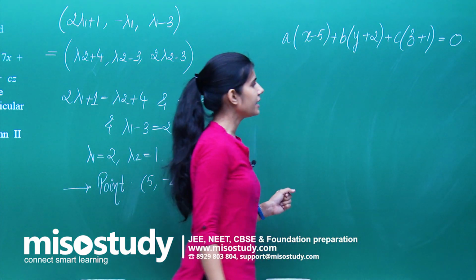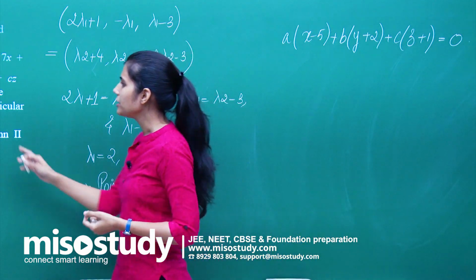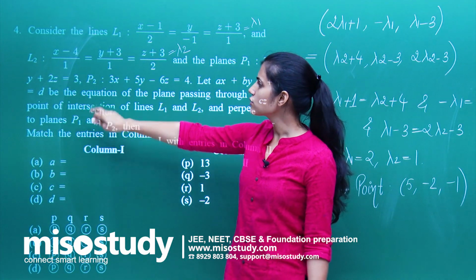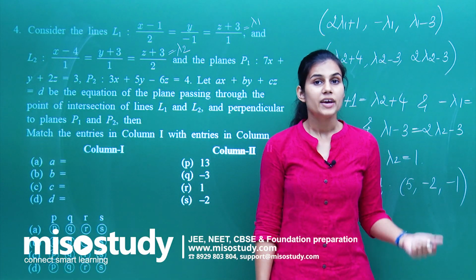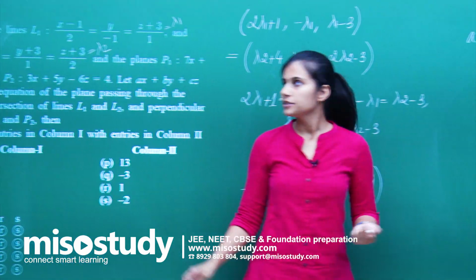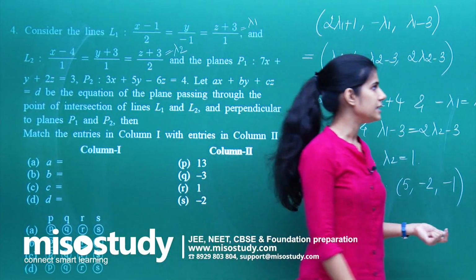This is the equation of the plane. Fine. Now this plane is basically, it's given that it is perpendicular to plane 1 and plane 2. Right? Plane 1 is what? 7x plus y plus 2z equals 3. So the dot product of their normal vectors will be 0. So you get 7a plus b plus 2c.